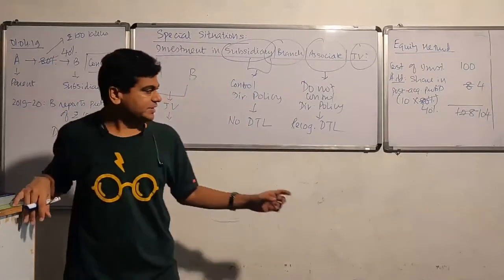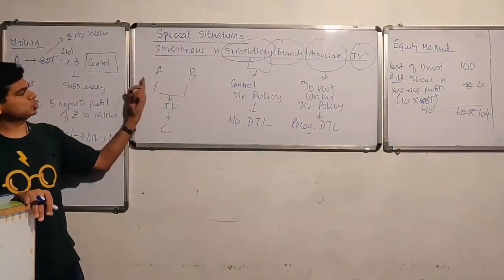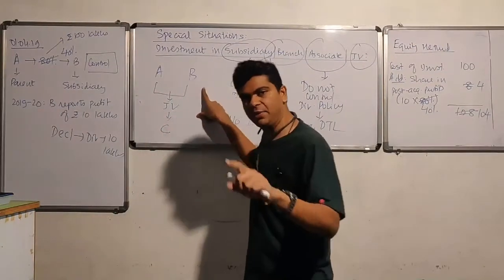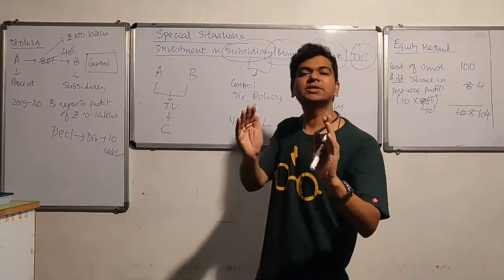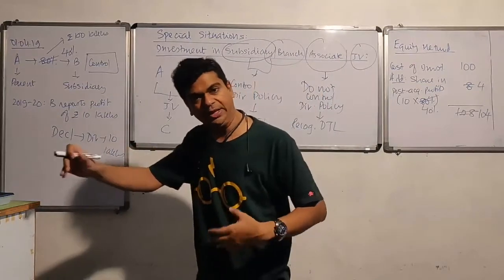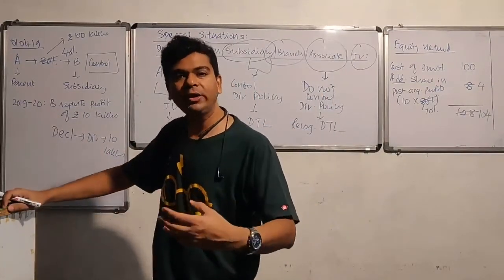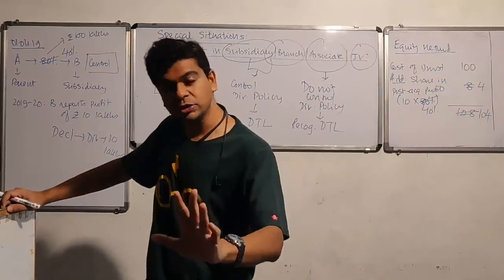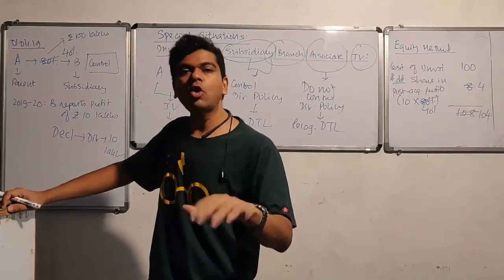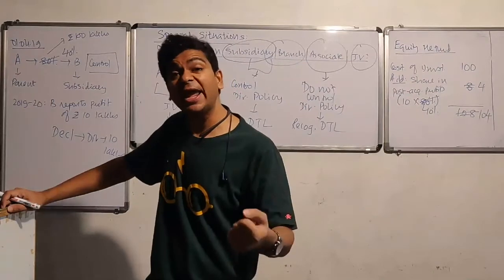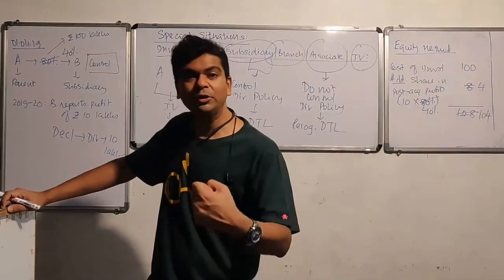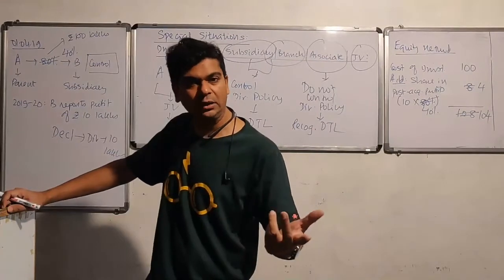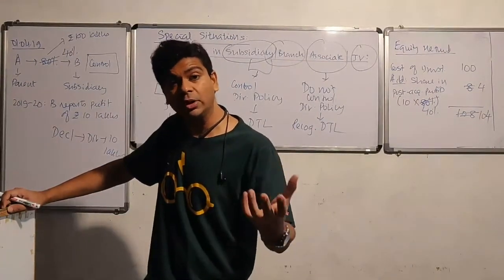The moment you say that company C is subject to joint control, then obviously A and B will sit together and with mutual consensus will decide what should be the dividends to be paid by the joint venture C. This will be the usual situation, but we cannot rule out a possibility that A may have some power to decide the dividend policy, or maybe B may have some power to decide the dividend policy.